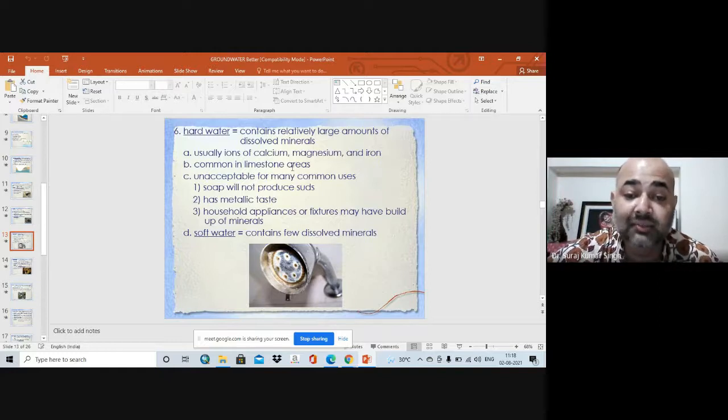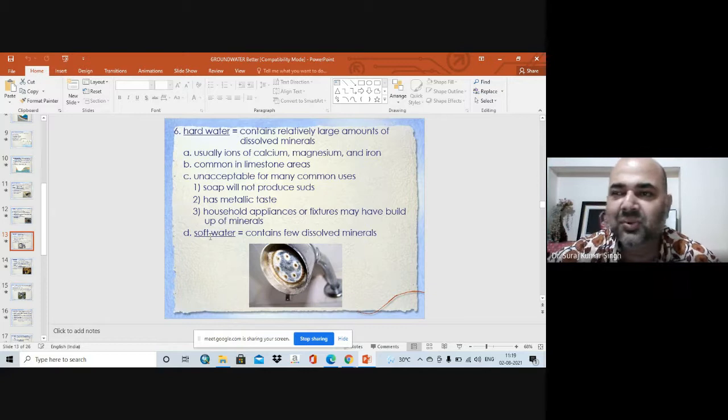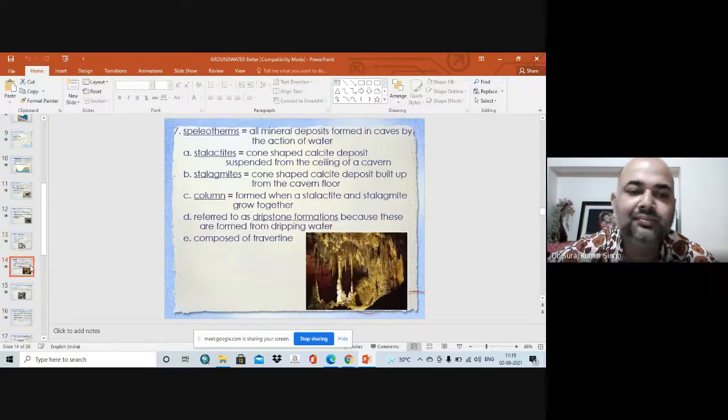They are common in limestone areas, and that is unacceptable for many common uses: soap will not produce suds, it has a metallic taste, and household appliances or fixtures have a build-up of material. So that is very common in Rajasthan, where we are using this hard water. But when you go to plain terrain, like UP or Bihar, or you go to Himachal, you will be finding soft water that contains few dissolved minerals.